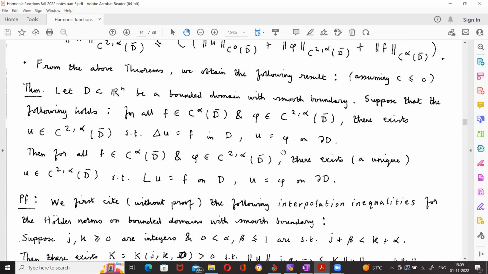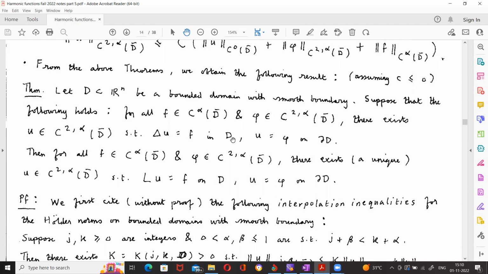You see, this assumption about the solution of the inhomogeneous Dirichlet problem for the Laplacian is telling us that the Laplacian restricted to certain function spaces is going to be onto. For every f, we're getting a U which satisfies this.